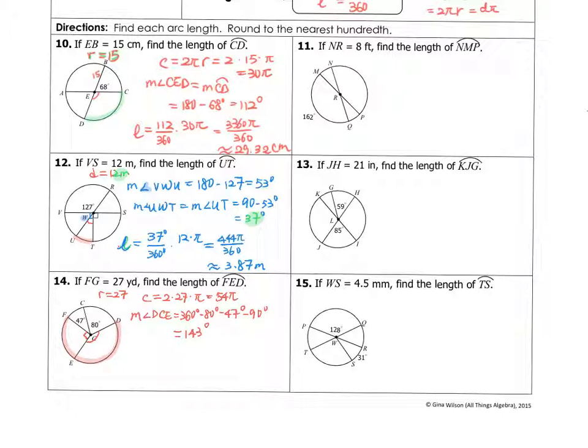Now, the central angle of DCF, which is the same as the arc measure of FED, should be 143 plus 90 degrees.